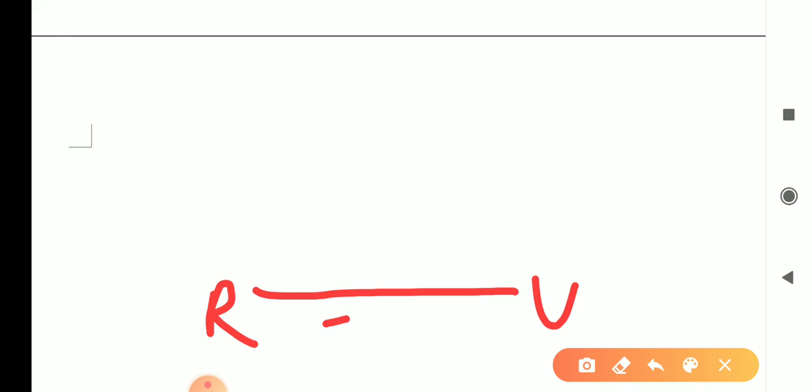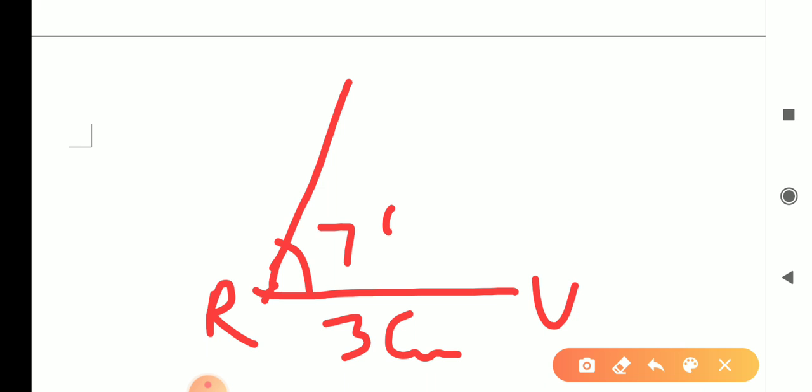First of all, draw a line segment RU of length 3 centimeter. Taking R as center, draw an angle of 75 degree and draw a ray RX.